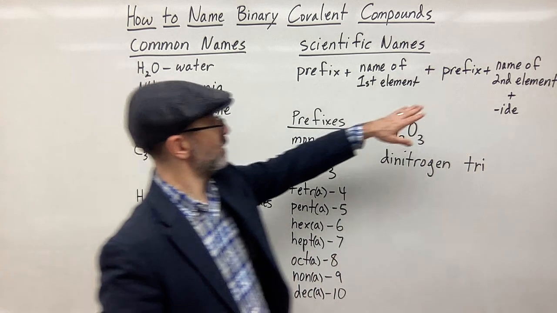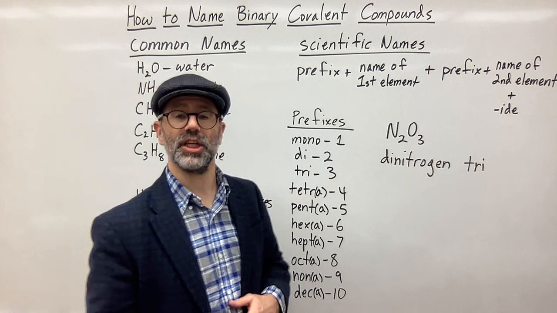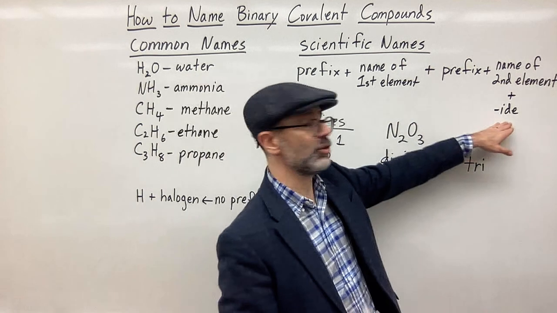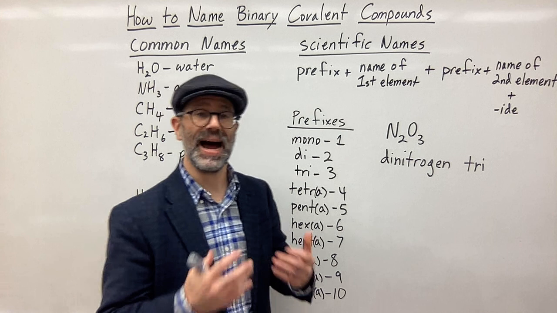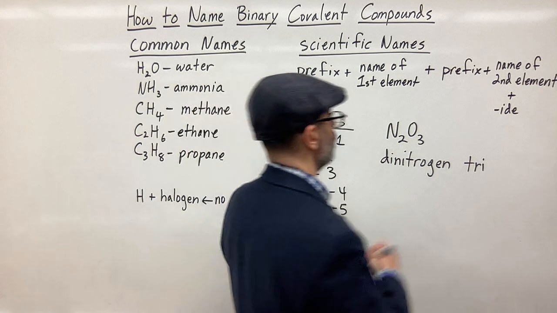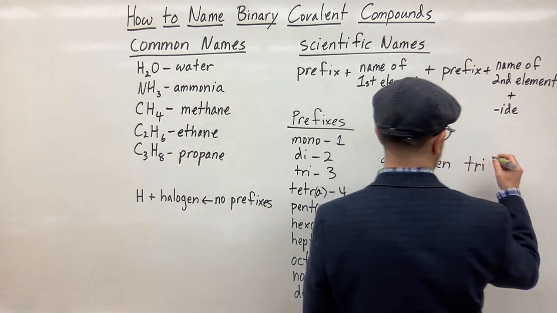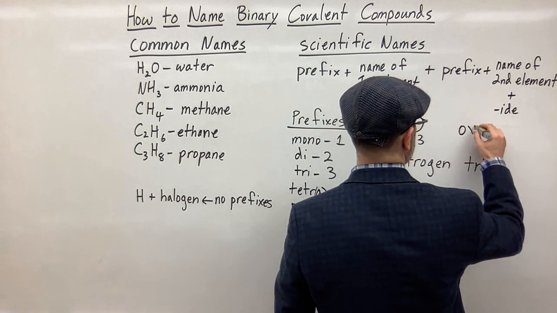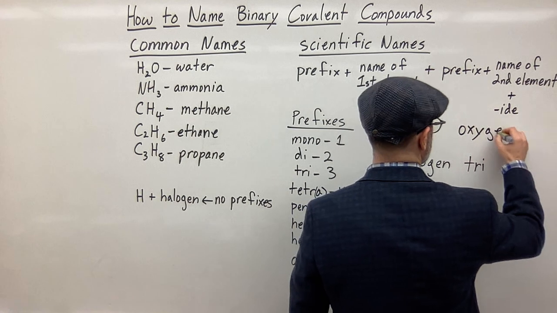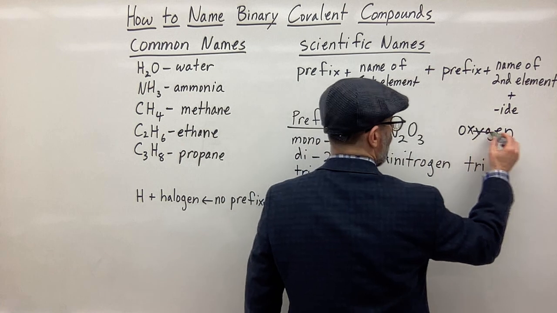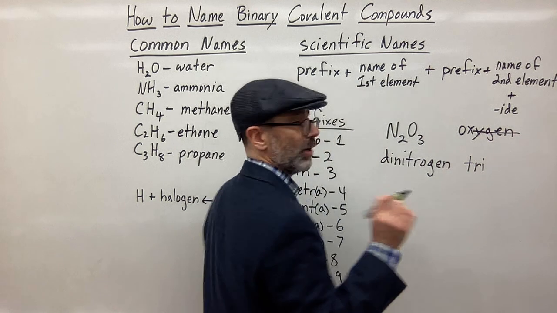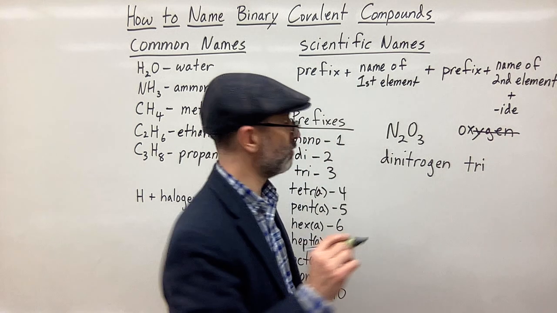But it's going to be the name of the oxygen, but I'm going to have an IDE ending. So I got to drop the ending of oxygen and add IDE. When we drop the ending of oxygen, we're going to drop the YGEN and add IDE to the end of that.